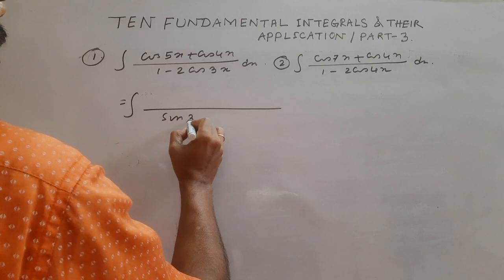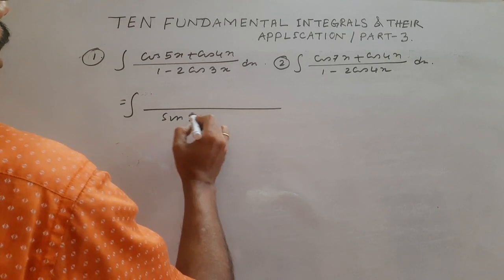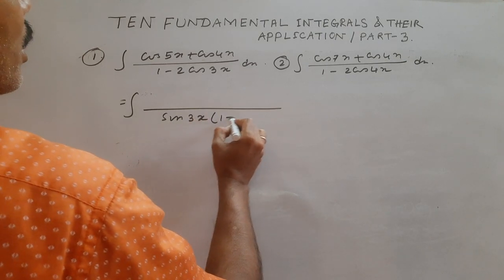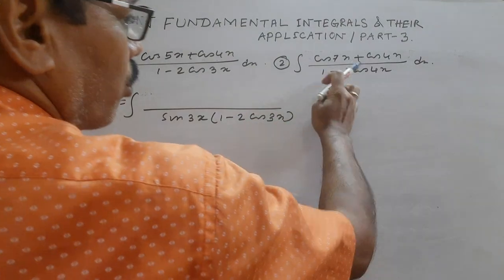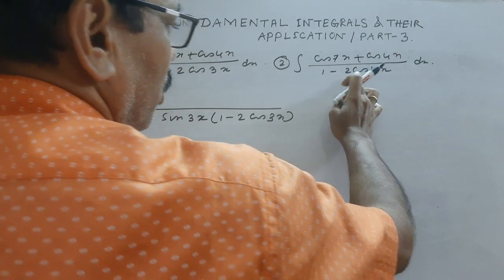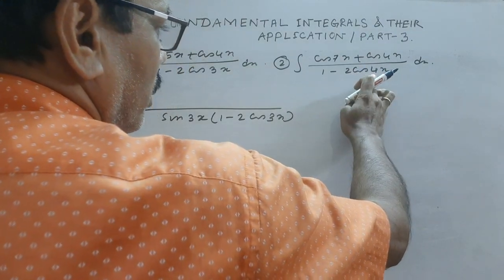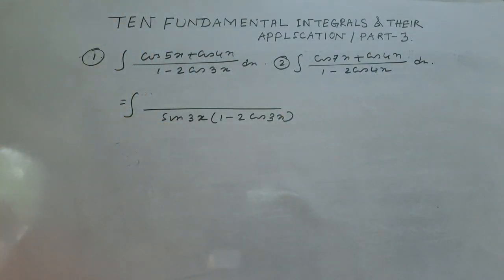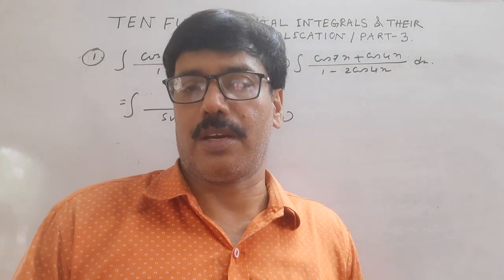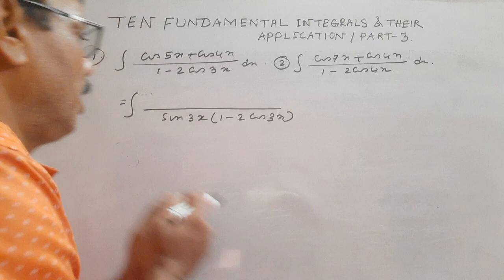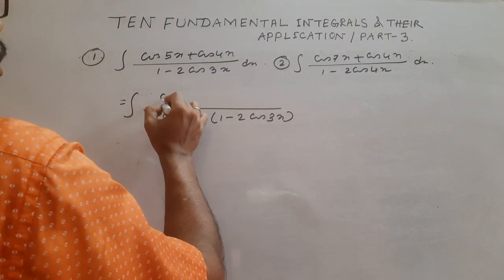So recall, you multiply it by sin 3x. Sin 3x times 1 minus 2 cos 3x. And for this problem, if it is cos 4x, you multiply numerator and denominator by sin 4x to make it standard form. See, and it will be clear after one step.